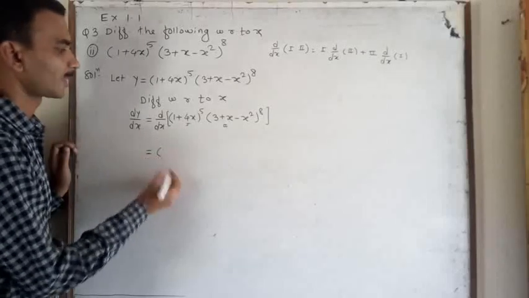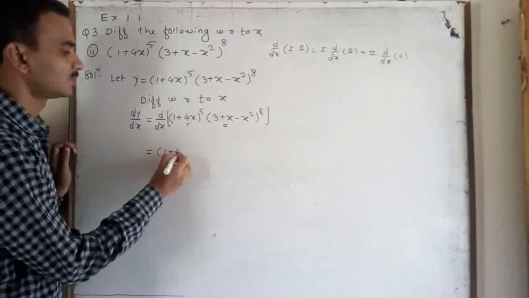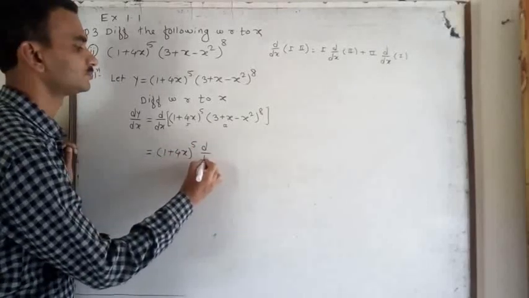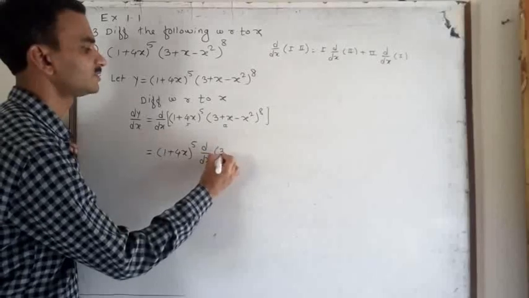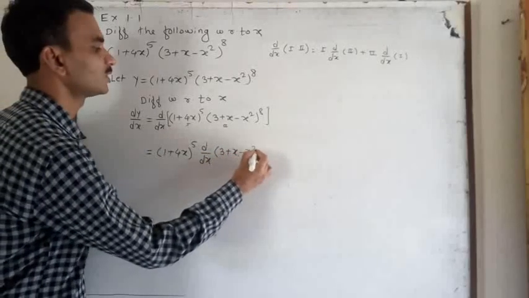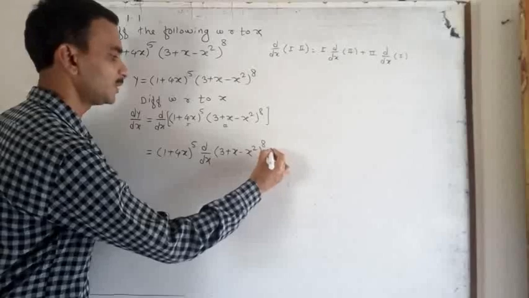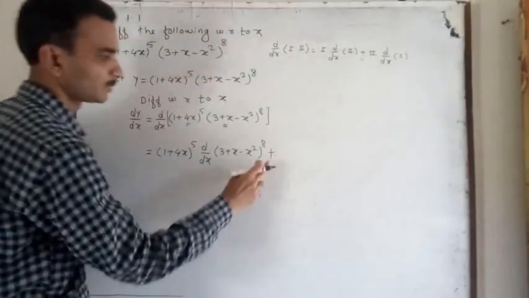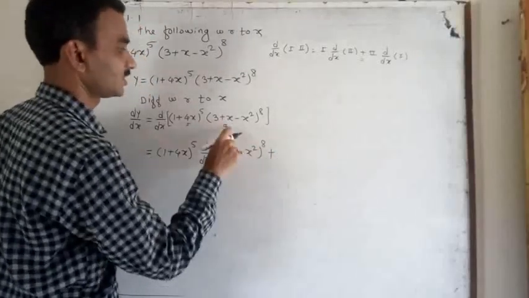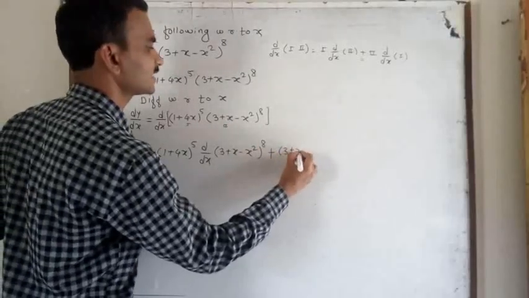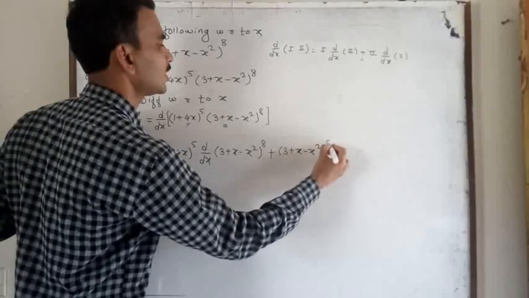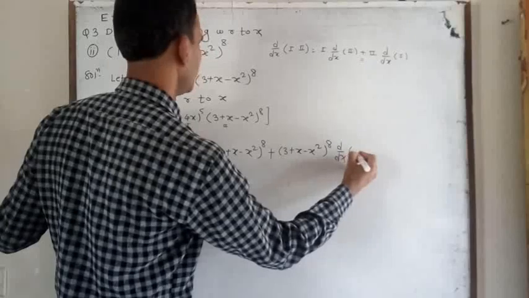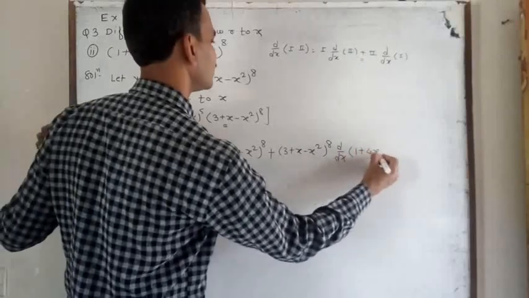First function means 1 plus 4x raised to the power 5, d/dx of second means 3 plus x minus x square raised to the power 8, plus, in product rule we use the plus sign, so plus second function, 3 plus x minus x square raised to the power 8, into d/dx of 1 plus 4x raised to the power 5.